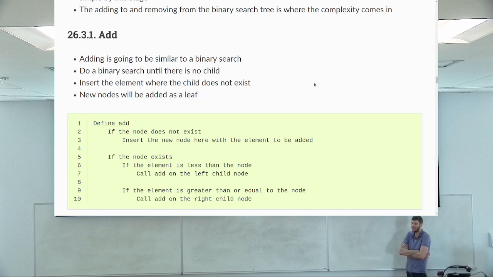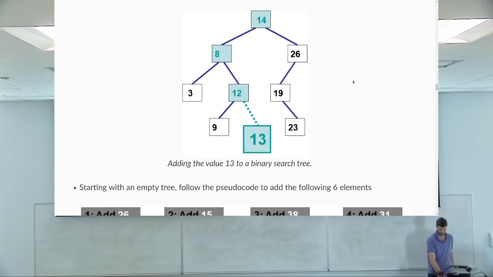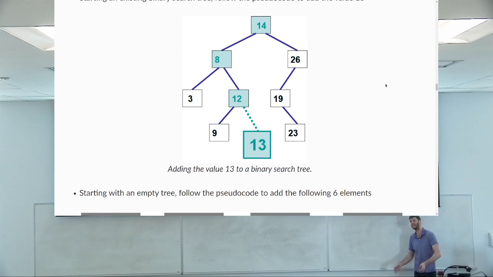The idea is to do a binary search for where you would expect that element to be. So if I'm looking at a tree, do I have an example of a tree in a moment? Here, I'm adding 13. If 13 existed in this tree, where would it be? That's where I want it to go.